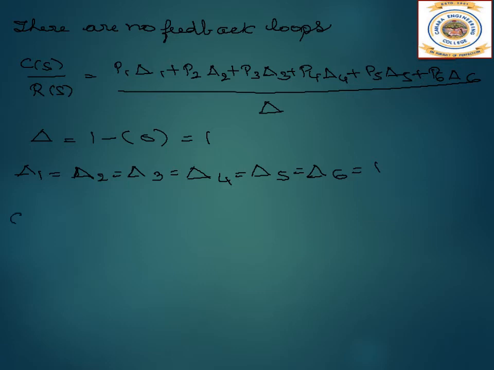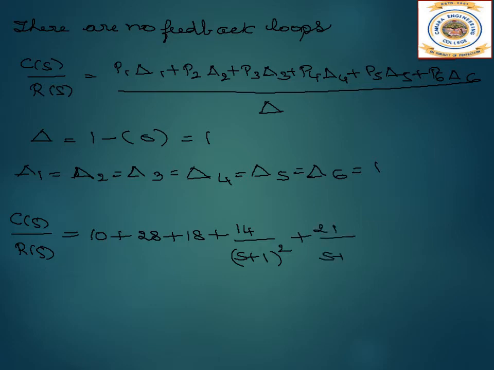So what is C of s by R of s equal to? The denominator is 1, so I can simply add up all the forward paths. So 10 plus 28 plus 18 plus 14 divided by s plus 1 the whole square plus 21 divided by s plus 1 plus 12 divided by s plus 1.